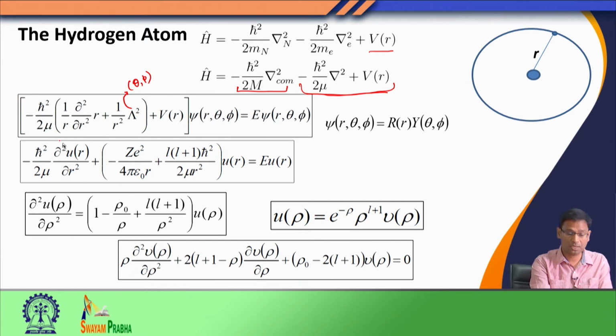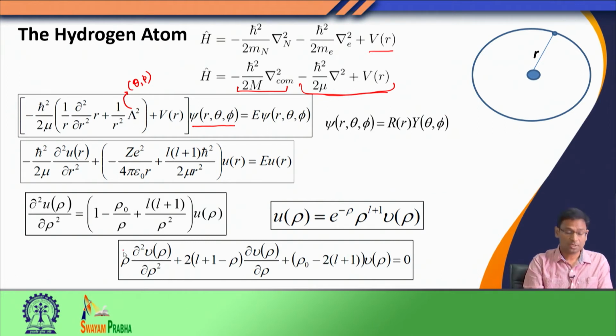This is our Hamiltonian for the kinetic energy part, this is the potential energy, and we wrote down the Schrodinger equation. When you look at the Schrodinger equation, we say that this wave function, which we still do not know, should depend on r, theta and phi variables, because we see our operator having dependence on r, theta and phi.